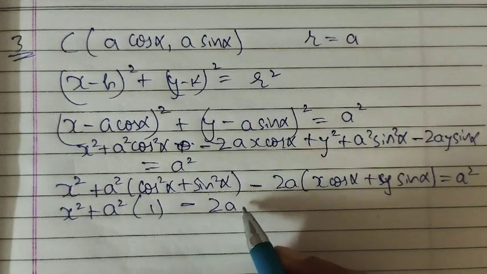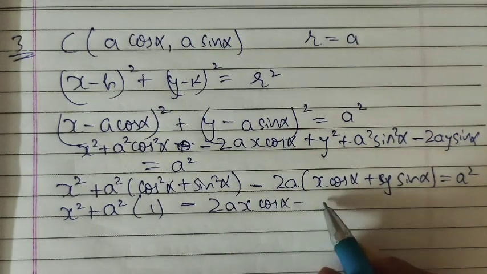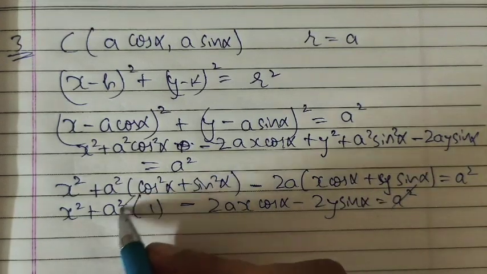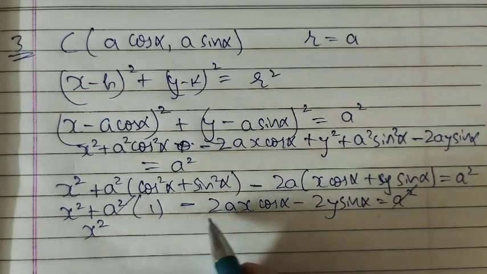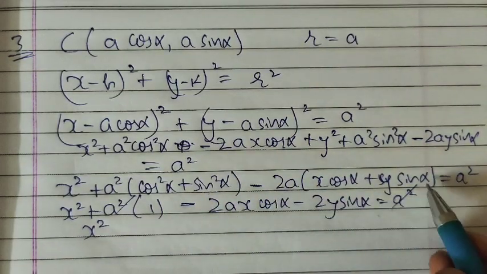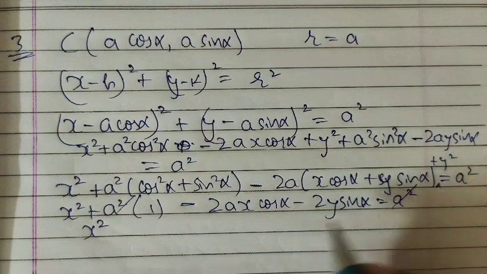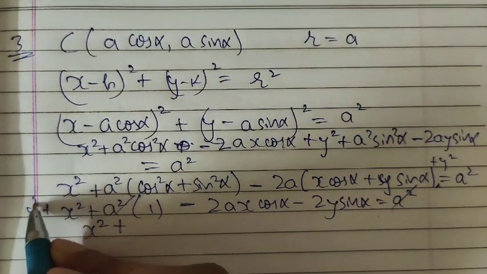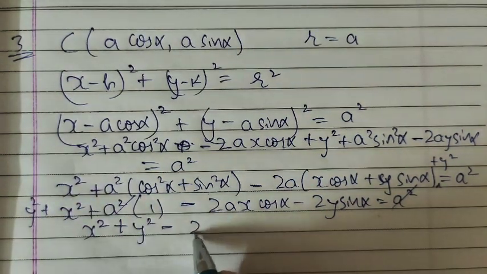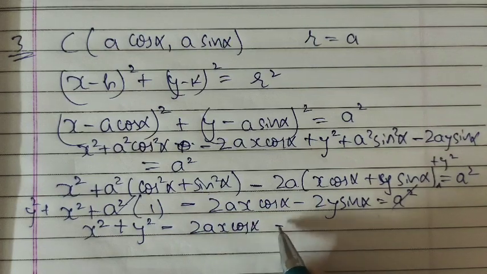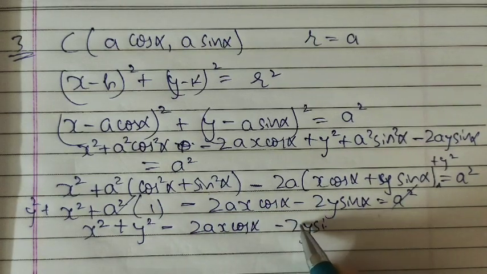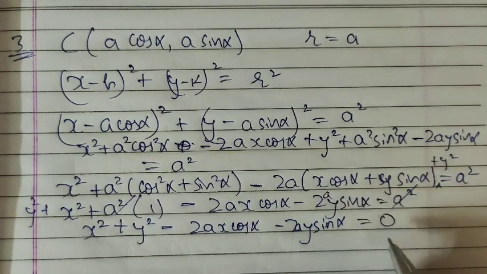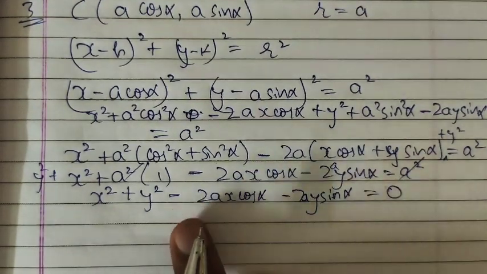So a square minus 2ax cos alpha minus 2ay sin alpha is equal to a square. A square and a square get cancelled, so we have x square plus y square minus 2ax cos alpha minus 2ay sin alpha is equal to 0. This is the required equation of the circle.